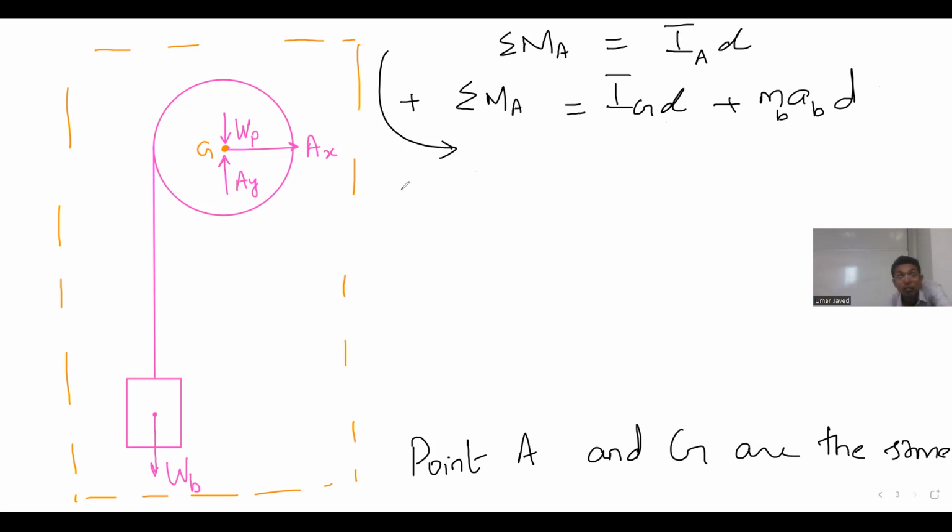In other words, you have WB RP equal to M R square, which is the moment of inertia formula, or M k square if radius of gyration k is given to you.